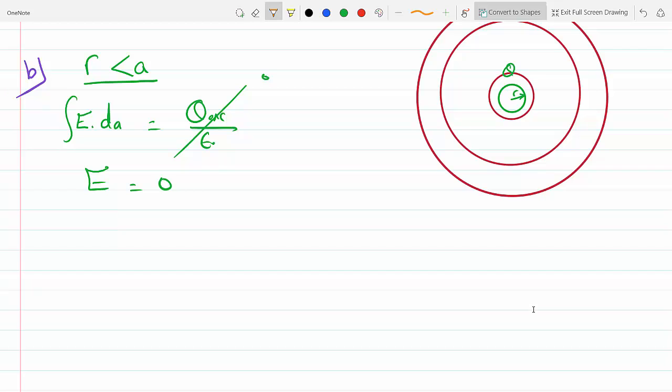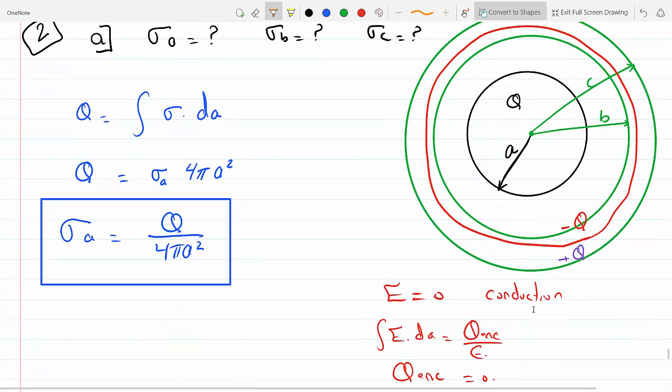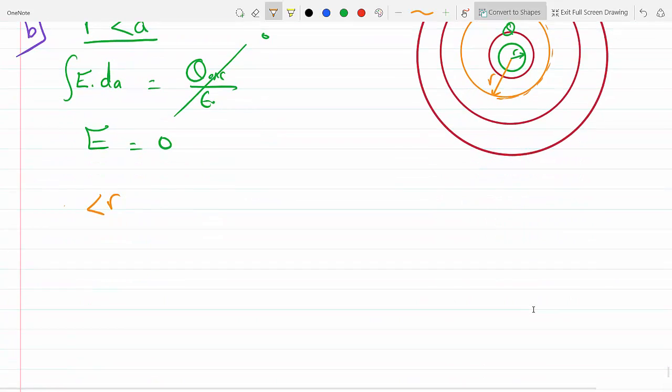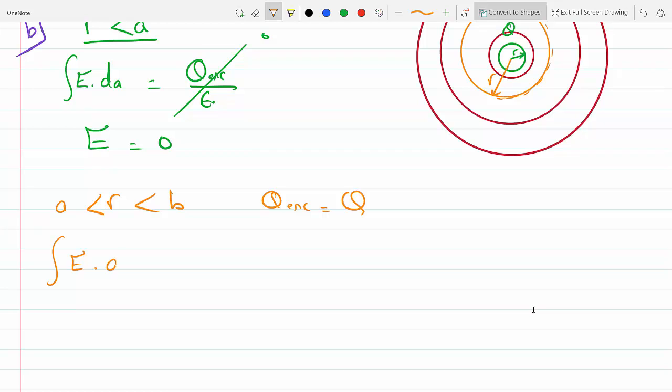Okay, now I'll take another Gaussian surface between the two. So let's go here, and this is R now. So for R between A and B, now Q enclosed is just Q, and Gauss's law is EdA equals Q enclosed over epsilon.